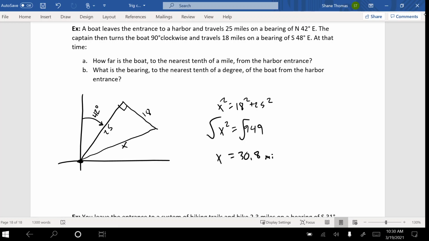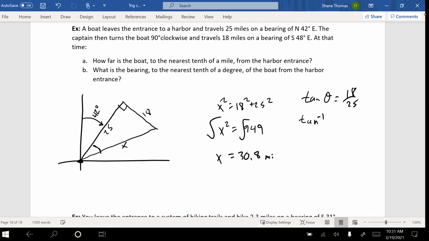Okay? Now I need this angle right here. I'm looking for this guy right here. Because I already know what it is from here to here, I can add those two together then, right? So I have my opposite and I have my adjacent side. So I can go the tangent of theta is equal to 18 over 25. Now I'm looking for the angle, so I do the inverse function.